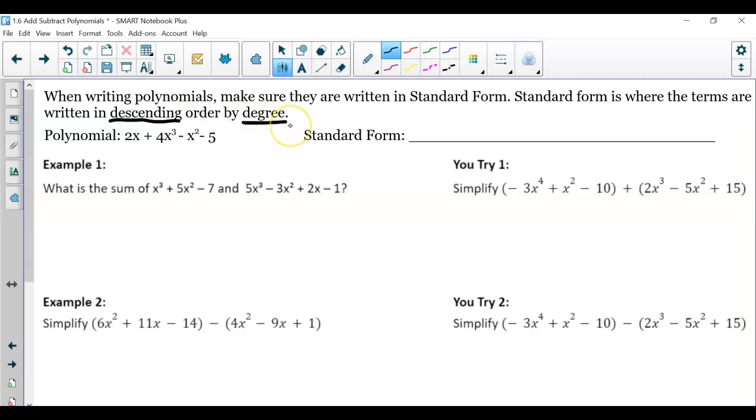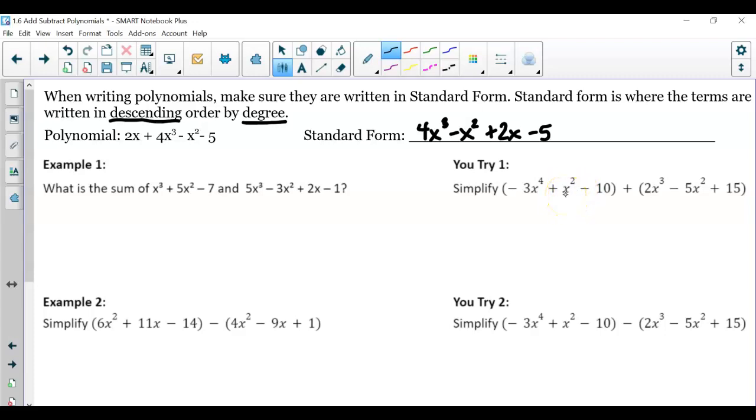So we're starting with our highest exponent and then going down. So degree is another word for exponent. So like here, the first term would be 4x cubed because this term here has the highest exponent. Then minus x squared, then plus 2x, and last minus 5. So making sure that your final answer is always written in standard form.